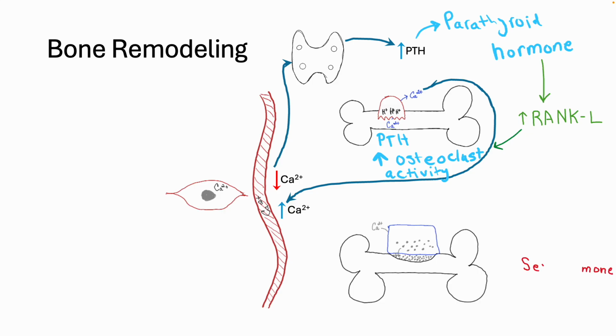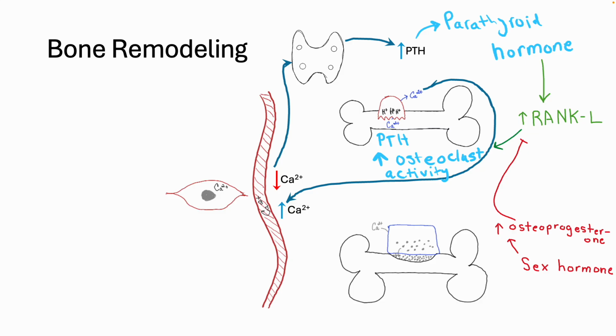In the opposite effect of this, you do have sex hormones, like estrogen and progesterone, that are going to inhibit RANKL and stop the osteoclast activity from happening. Calcitonin release from the thyroid is done in response to elevated blood calcium, but the function on the regulation of calcium is essentially negligible.